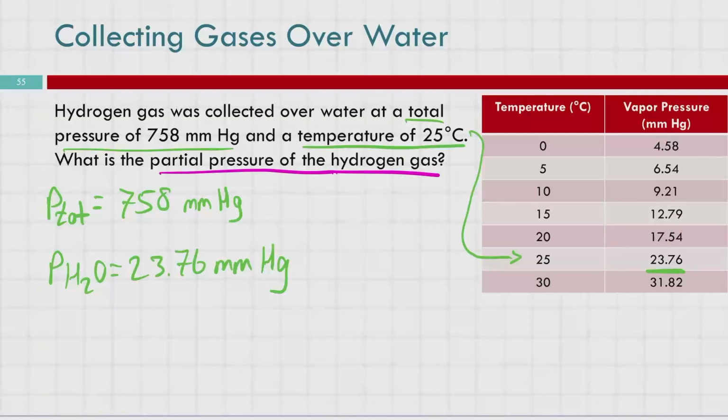Then we're going to use our law of partial pressures. Thank you, Dalton. We've got our pressure of H2O and our pressure of H2. We want the H2 by itself, so we subtract the P sub H2O from both sides.